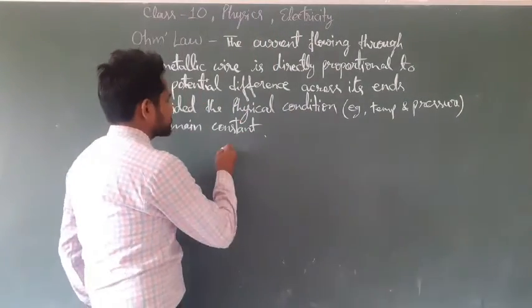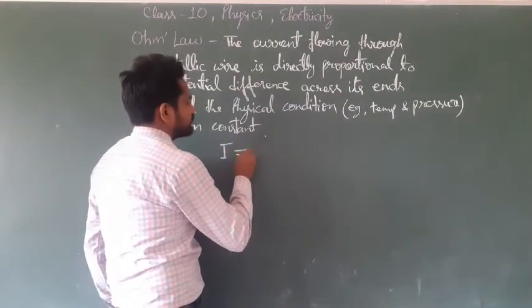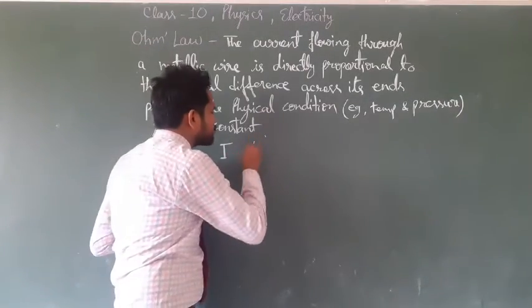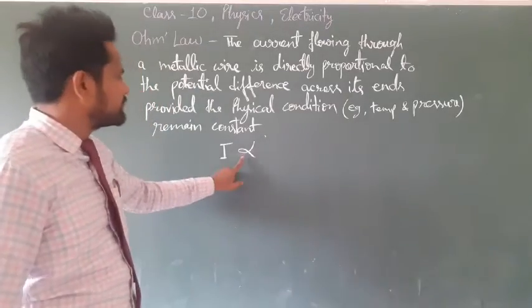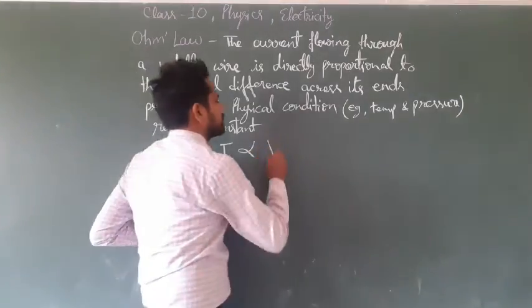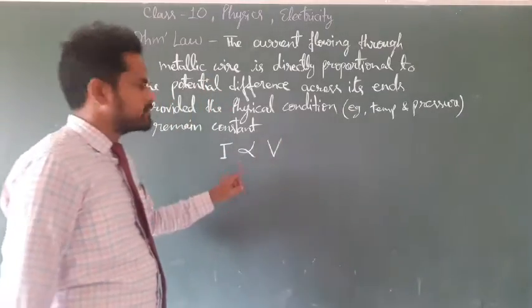So according to Ohm's law, current flowing through a metallic wire is directly proportional to, this is the sign of directly proportional to, the potential difference.